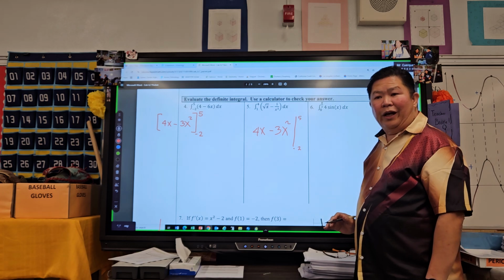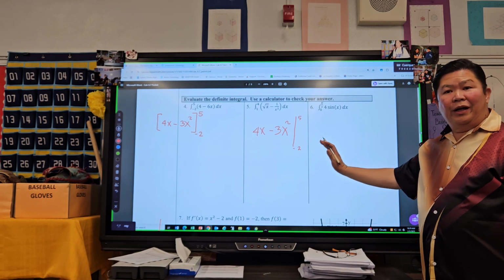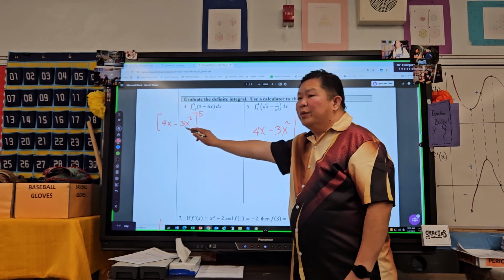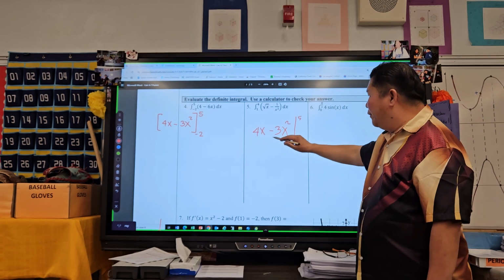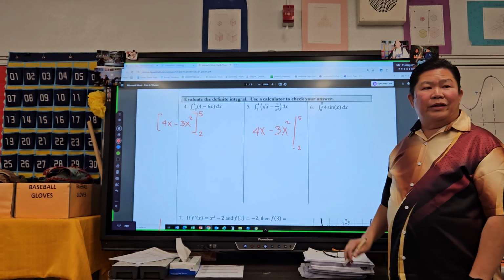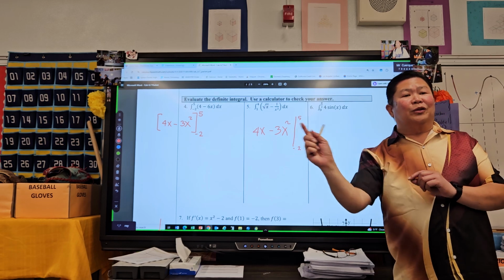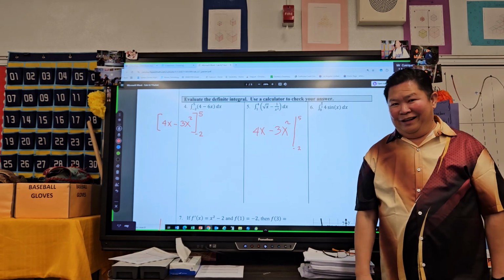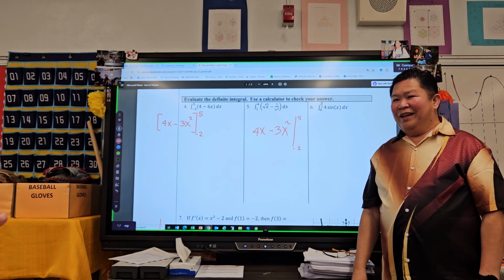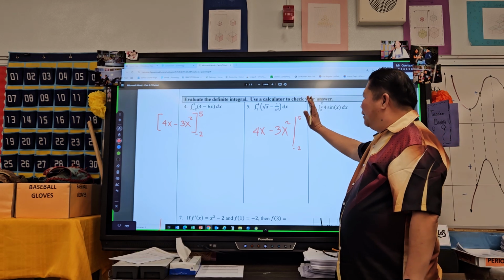Doesn't matter. If you prefer to do it this way, it's okay. The AP correctors are not picky.